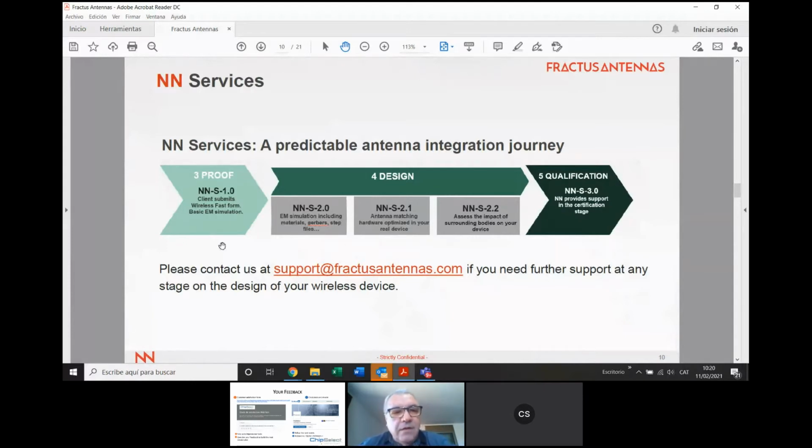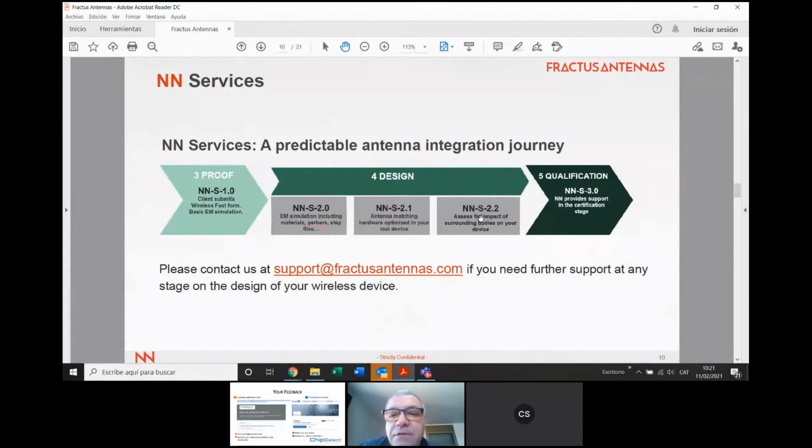Just a little reminder: a bare PCB, then your components as a customized service, and then the matching network service. In some cases, apart from the different elements in the PCB and enclosure and so on, some customers say, okay, I want to know the impact of my device on external elements like the human body, or if you are making an element that is going to be placed on a wall, I want to see the impact of the wood or the cement, concrete, metals, ceramics, plastics, whatever.